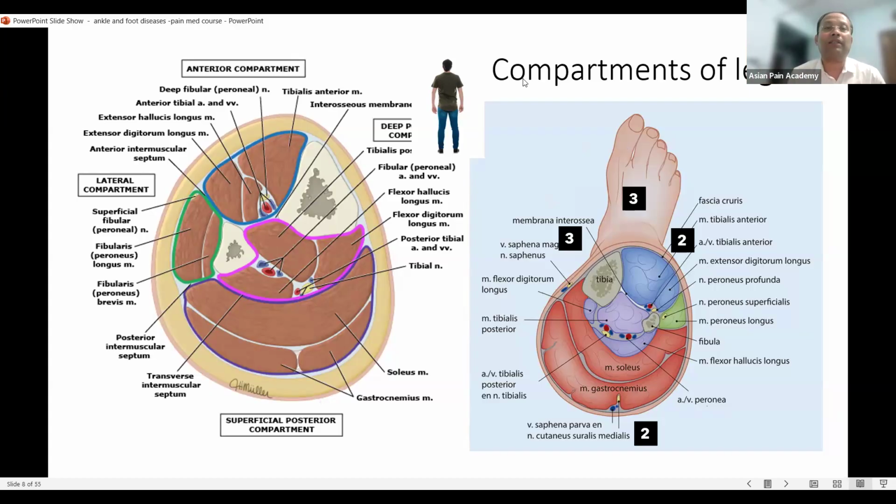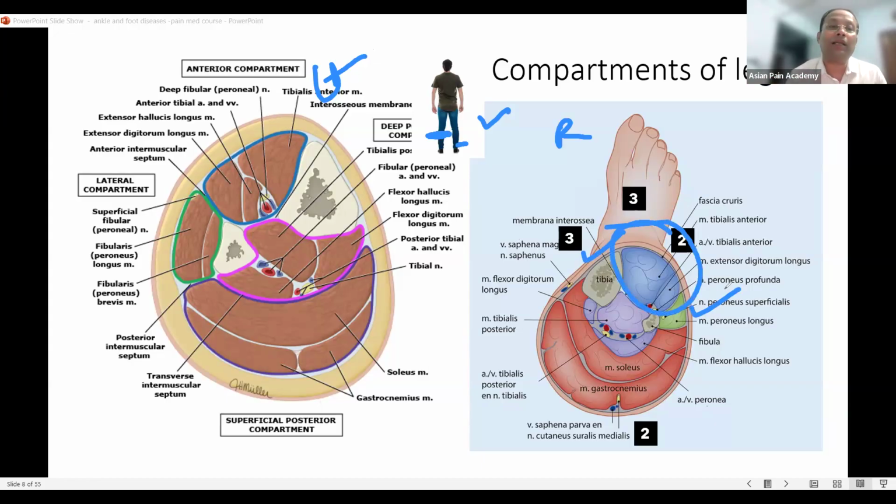First, think about this person standing like this, and we are seeing a cross section at the calf area on both sides. This is his right side and this is his left side. Now understand the compartments. Between the tibia and fibula, with the fibula on the lateral side, there is the anterior compartment.